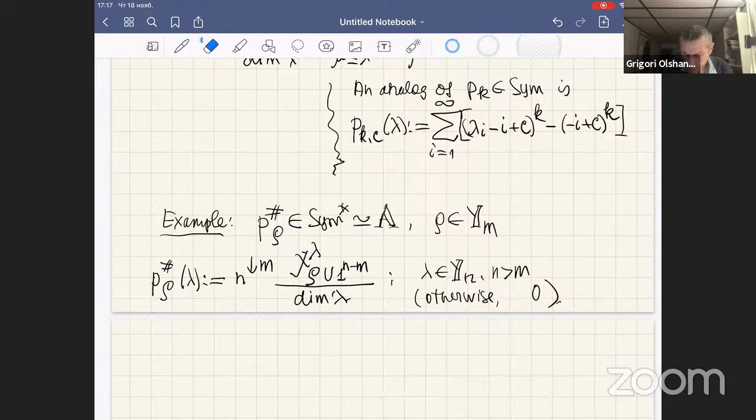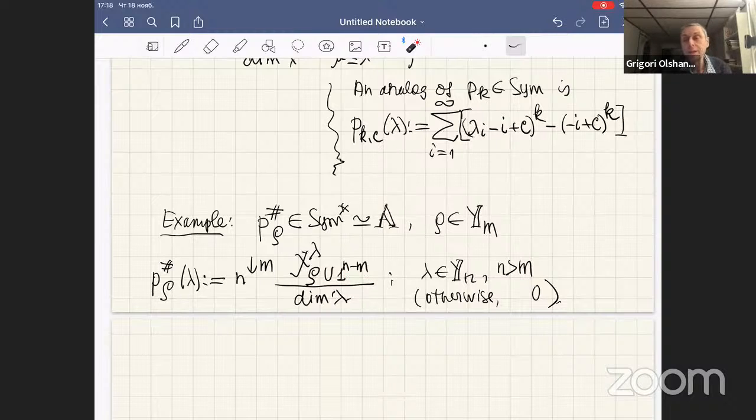Oh, sorry. So I assume that n is greater than m. So I need to put here some partition of the same size. So I add 1, 1, 1.